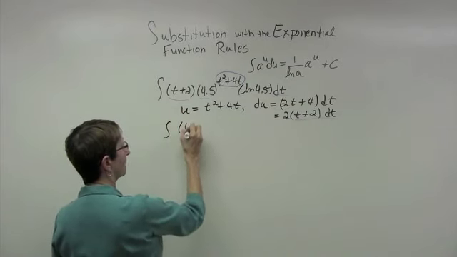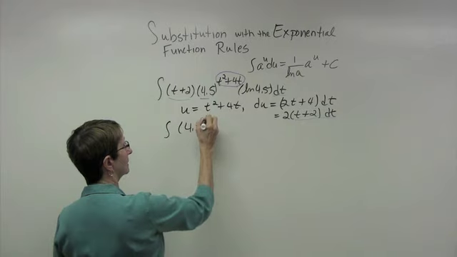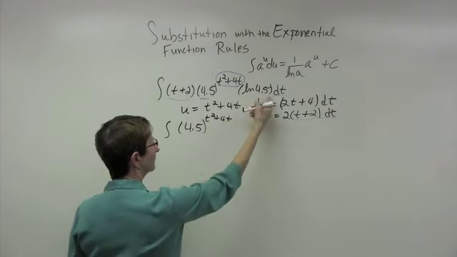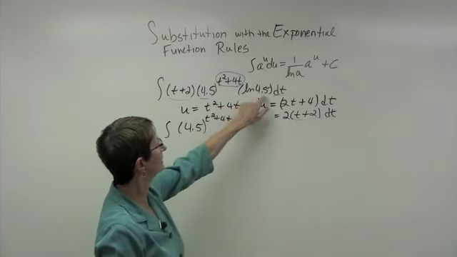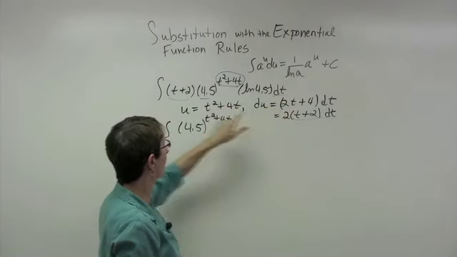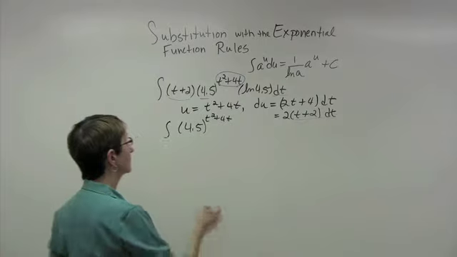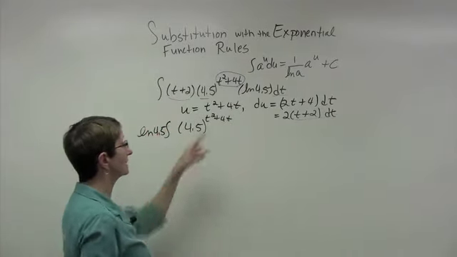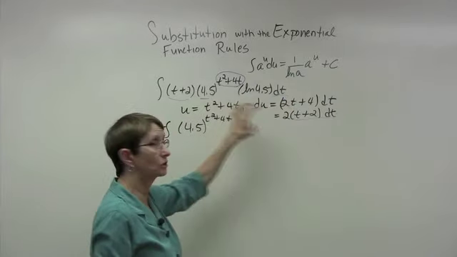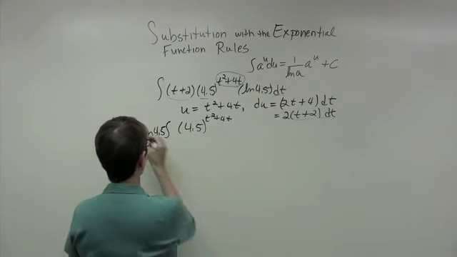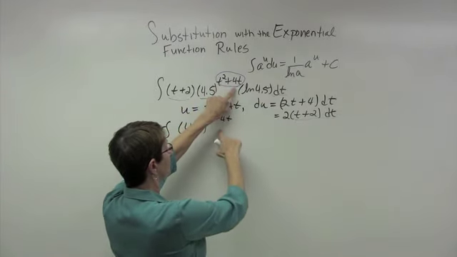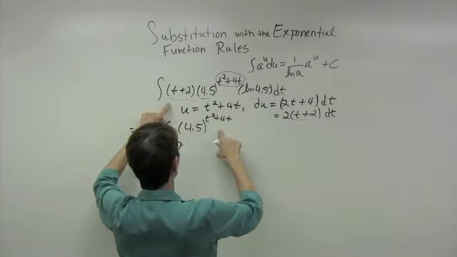I'm going to keep my 4.5 to the t squared plus 4t. My ln of 4.5, when I go to look at that, it's not here at all as part of u or du. So let's put that to the left. That's a constant. That doesn't look like it's needed in the u and the du. 4.5 to the t squared plus 4t, ln of 4.5.